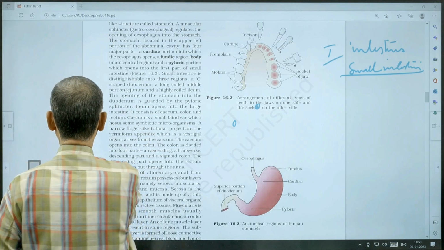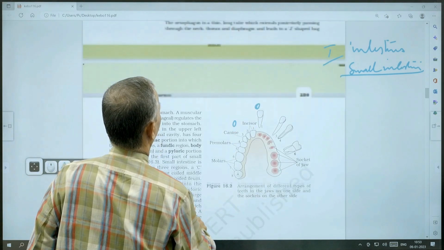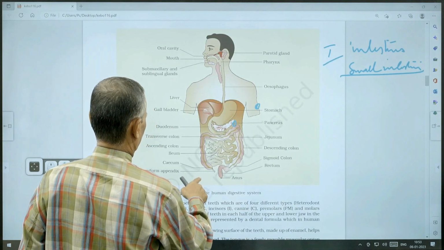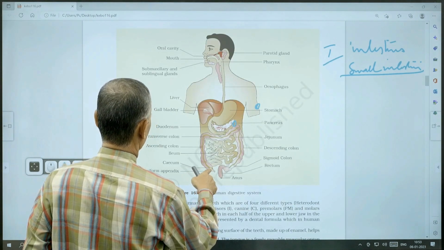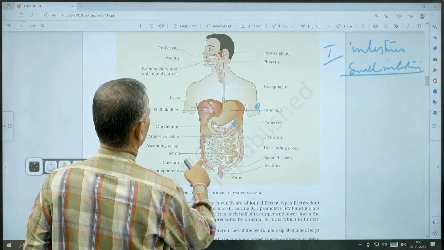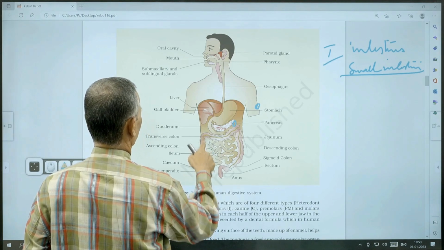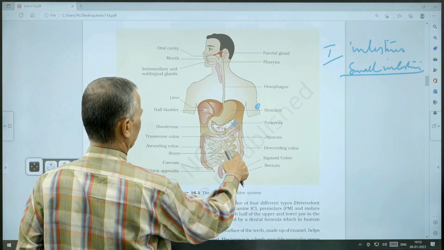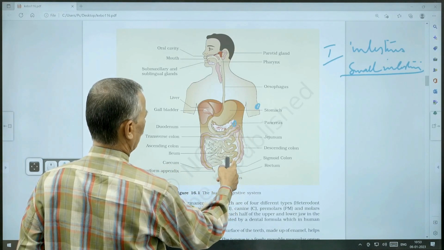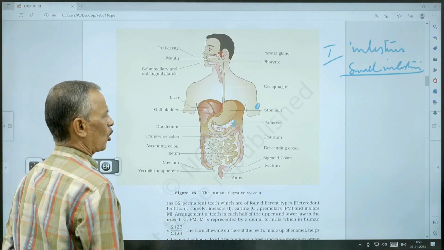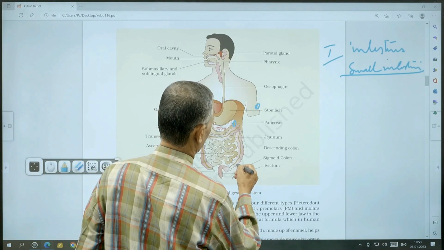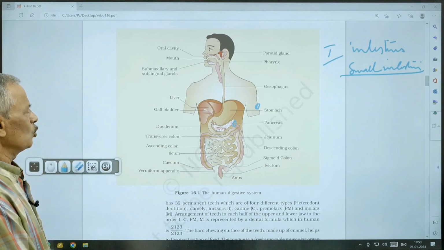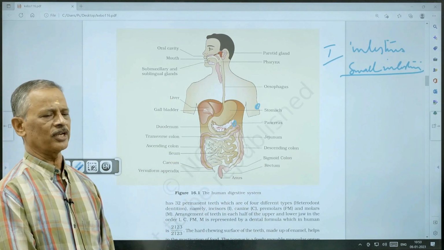So we are having three parts for the large intestine. Cecum, the blind sac. Then from that colon arises ascending colon, transverse colon and descending colon. And the last part of the colon is an S-shaped structure called sigmoid colon, by which it opens to the last part, namely the rectum.